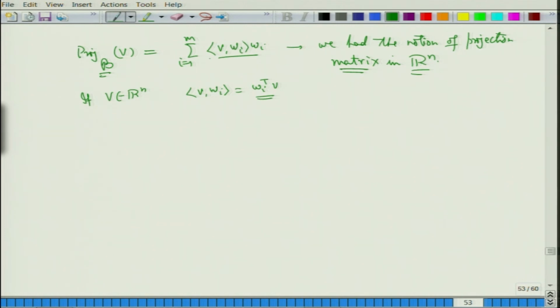Since it is a matrix and I have to pick an element from Rn, which is V, I want to send it to the projection on a subspace of Rn. Since it is a projection on a subspace of Rn, it will also have n components, fine. So, I am looking at Rn itself, it has n components.